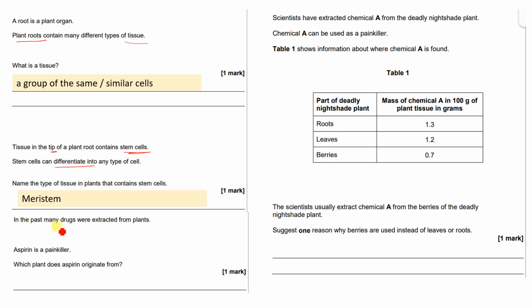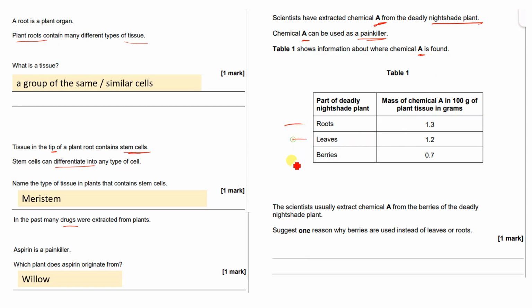Now, in the past, many drugs were extracted from plants. Aspirin is a painkiller. Which plant does aspirin originate from? That's the willow plant. Now, scientists have extracted chemical A from a deadly nightshade plant. Chemical A can be used as a painkiller. Table 1 shows where chemical A is found.